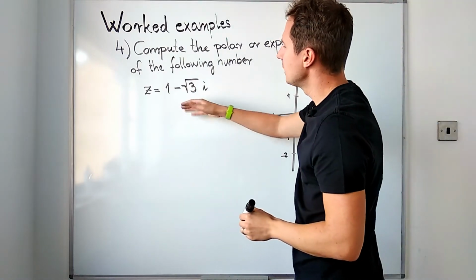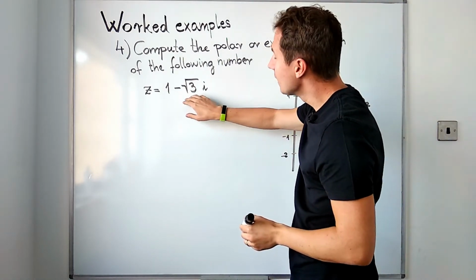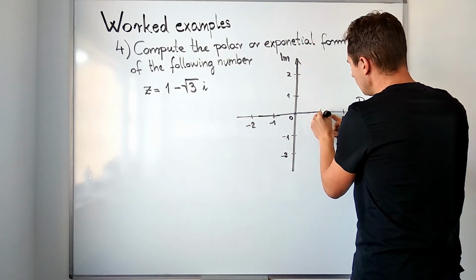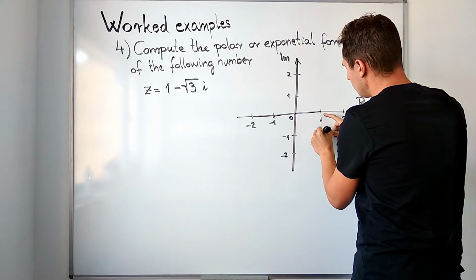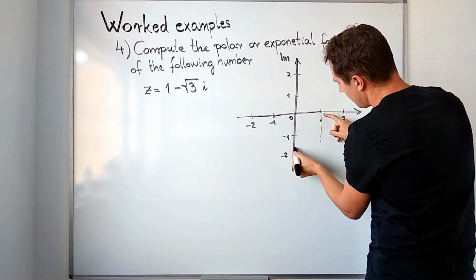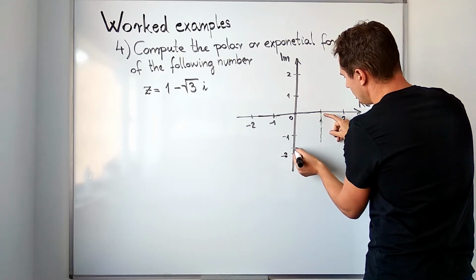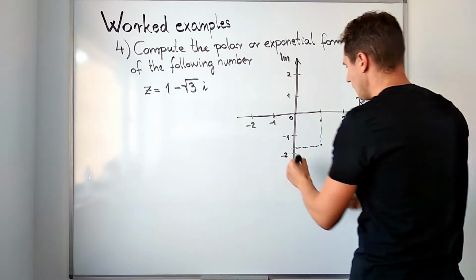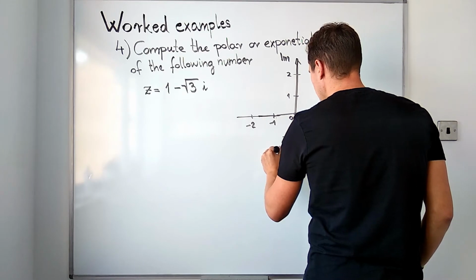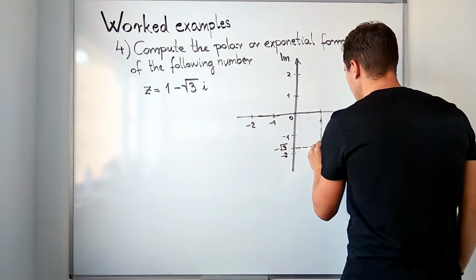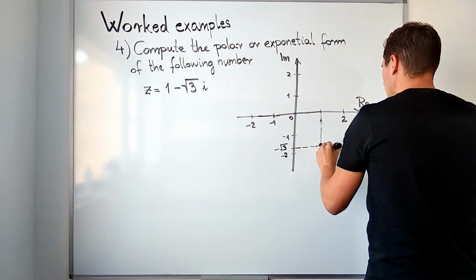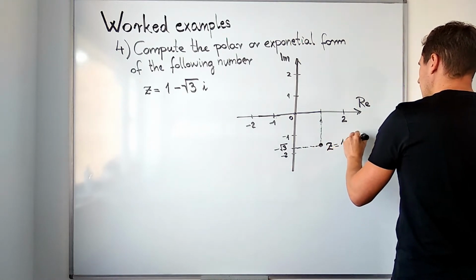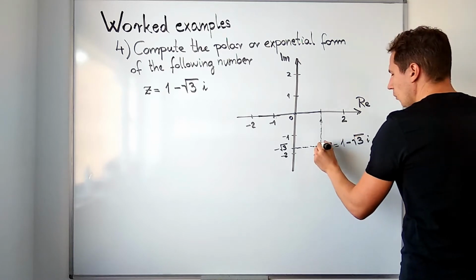The square root of 3 is roughly 1.73, so we have to take the negative of that number, so we walk down to roughly where the negative root 3 might be on the imaginary axis. So let's say here is negative root 3, and the intersection of these two lines will have our number represented by this dot.